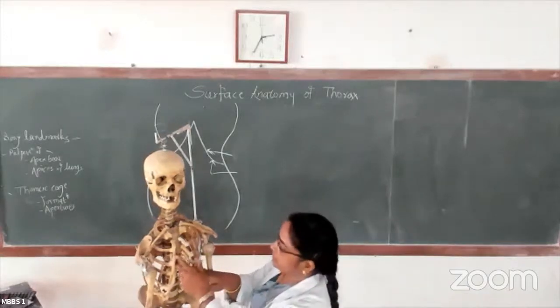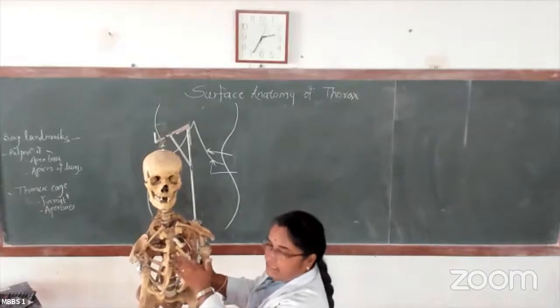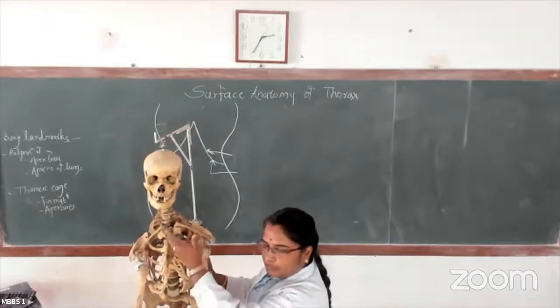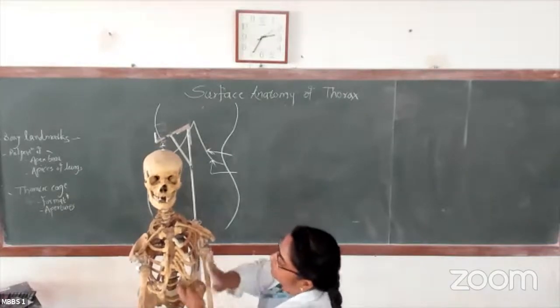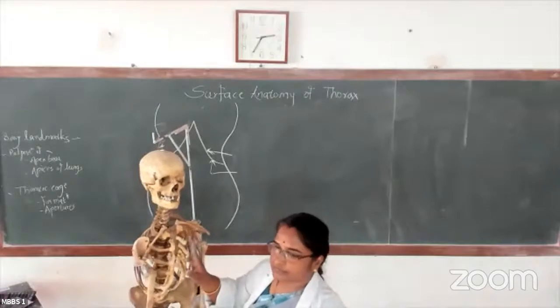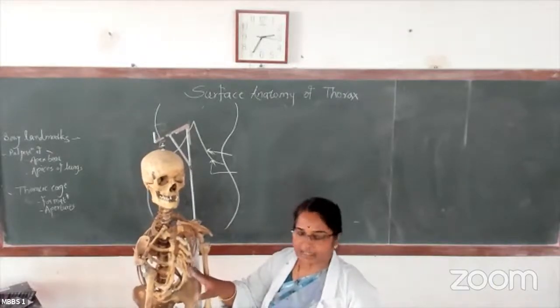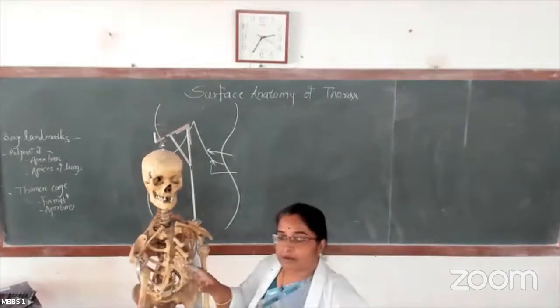It is approximately 4 inches from the mid-sternal line. So first you place your whole palm on the chest wall, and after feeling the pulsations, you place the fingers at that proper place.